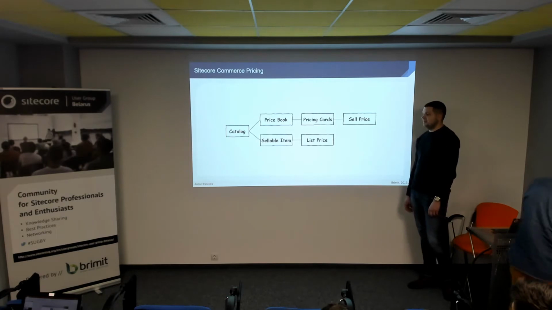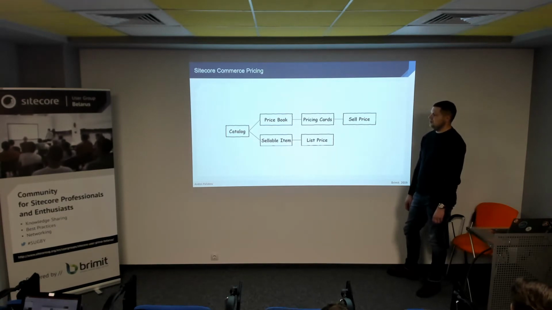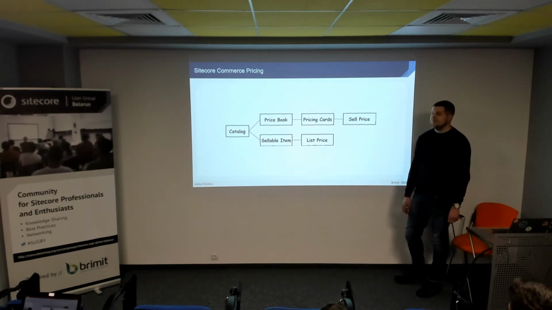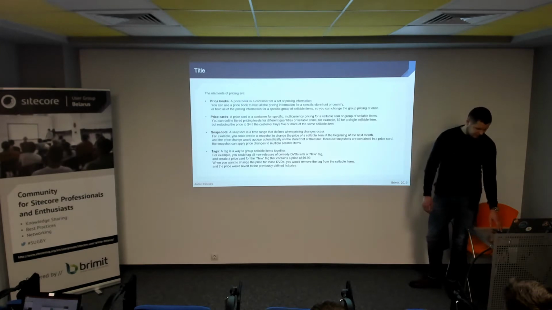Price snapshots can have multiple price tiers, where we can set different prices, which can depend on quantity. Then, when a price card is configured properly and approved, we can assign it to related sellable items or sellable item variations. So basically, that is how Sitecore Commerce works out of the box.